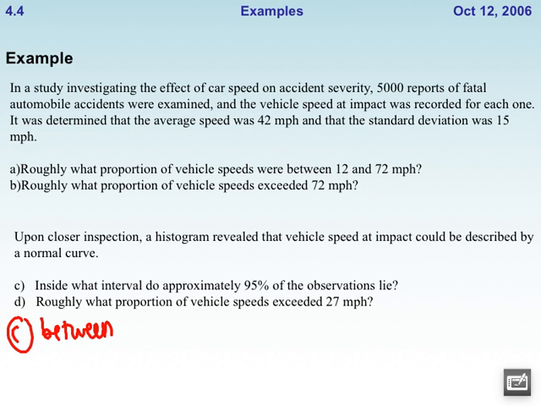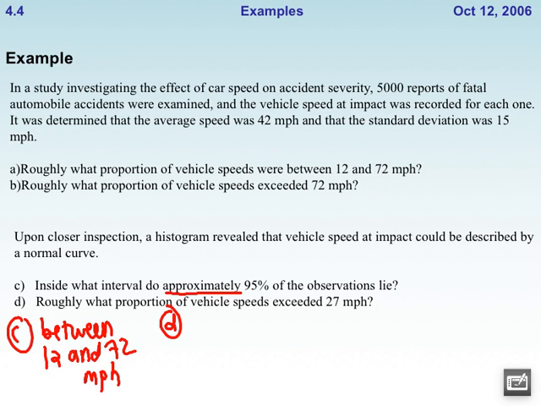So we would say between 12 and 72 miles per hour. And remember, what's really important with the empirical rule is it's about 95% fall between 12 and 72.